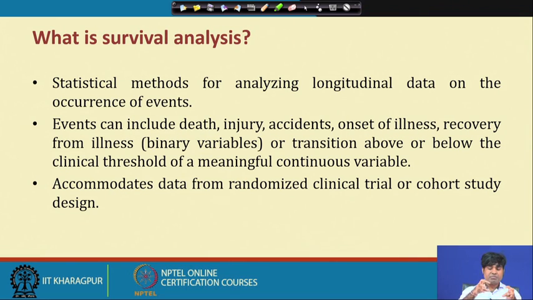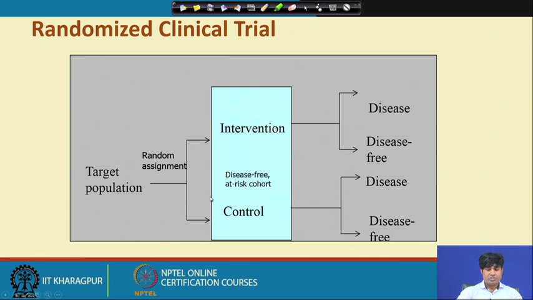It is basically a binary type of situation, but the most crucial touch point is the question of survival. Survival means yes or no: seriously injured or not injured, accident happened or not, onset of illness or not. Then the data will come from a randomized situation, and the study can be applied and analyzed as per the requirement.